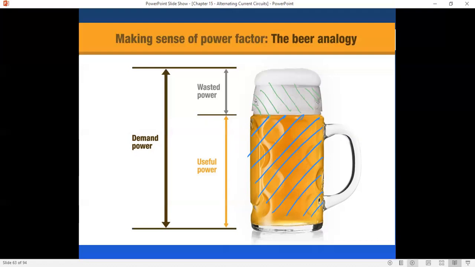And again, you could get to the point where if the phase angle became 90 degrees out of phase, you couldn't deliver any power at all. As the phase angle approaches zero, the efficiency of the grid becomes better and better.